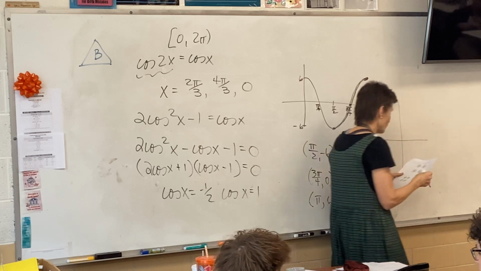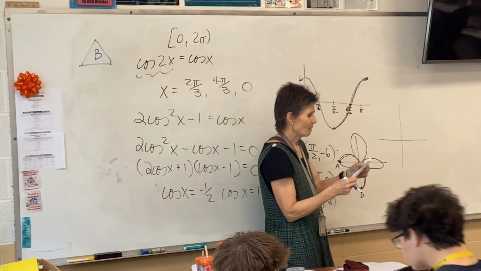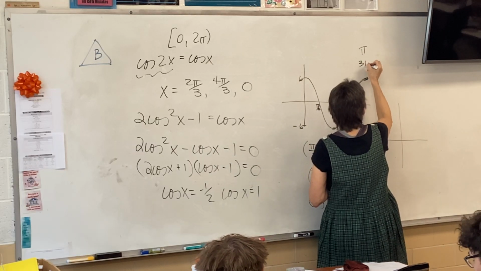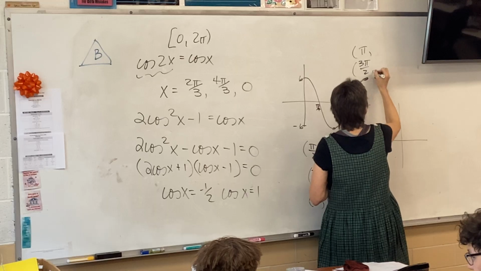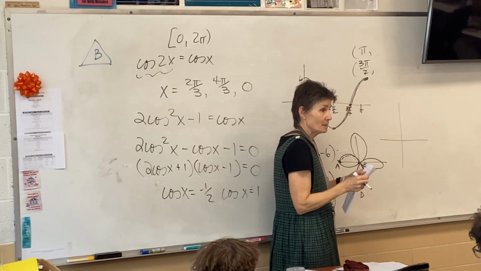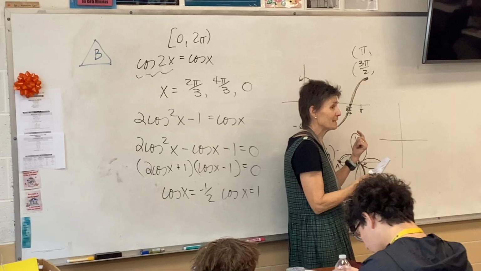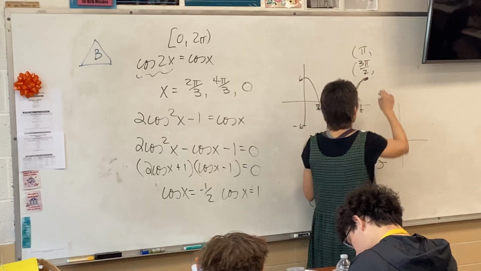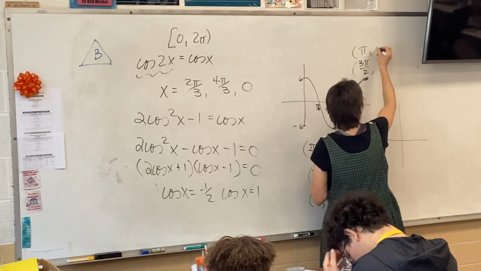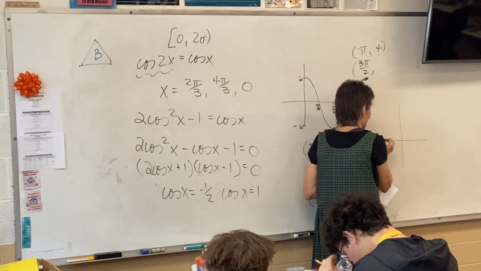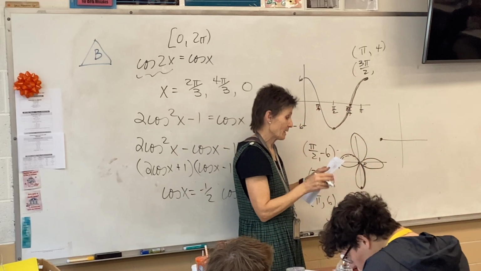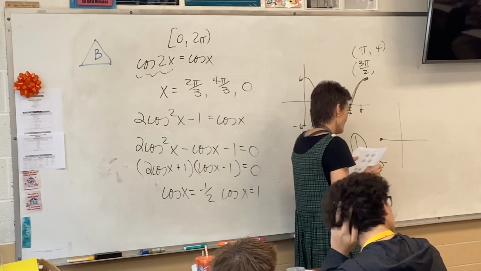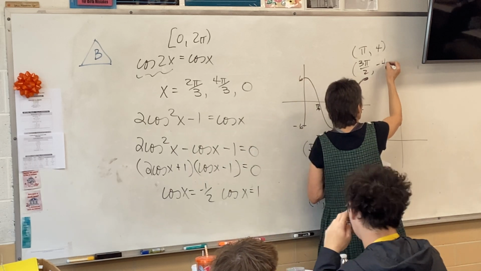Well, did anyone have any other thoughts on this? Is it A? Pi to 3 pi over 2. It's A. I got A by plugging pi into my equation. When I plugged in pi, I got 4. So that point would be plotted right here. And then I plugged in 3 pi over 2, and I got negative 4.